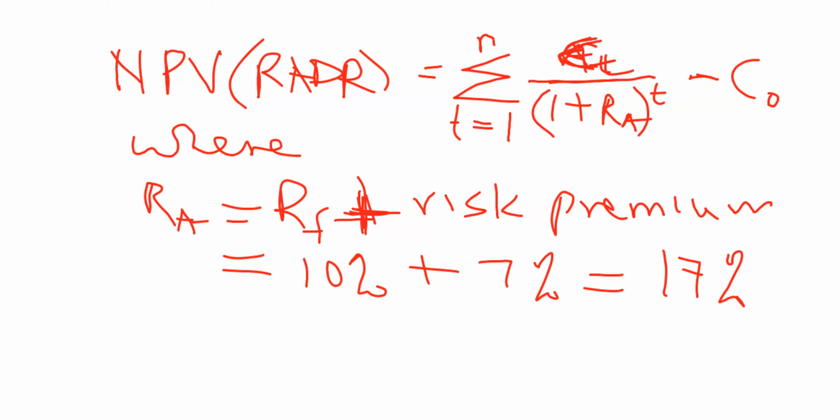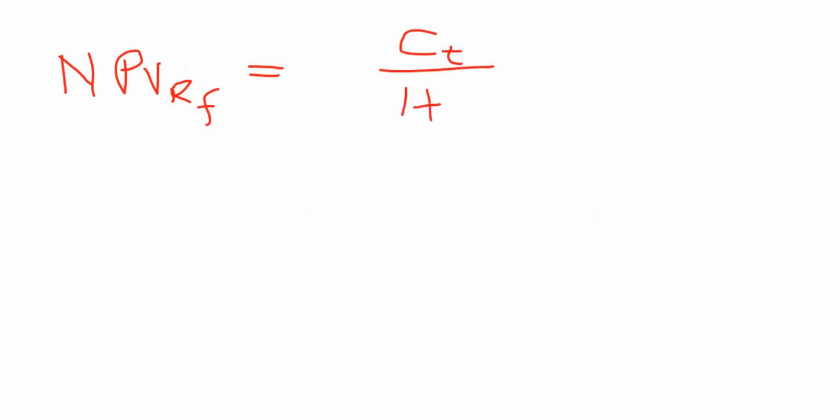Good. So what we are doing now in this one is to say NPV RF will be equal to CT over 1 plus RF. We must calculate this one first, the question said so.